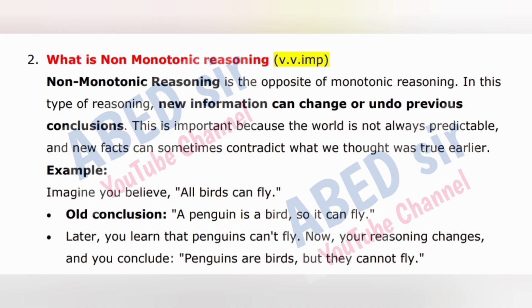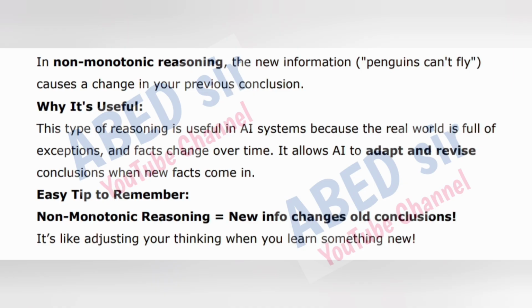Example: imagine you believe all birds can fly. Old conclusion: a penguin is a bird, so it can fly. Later, you learn that penguins can't fly. Now, your reasoning changes, and you conclude penguins are birds, but they cannot fly. In non-monotonic reasoning, the new information, penguins can't fly, causes a change in your previous conclusion.